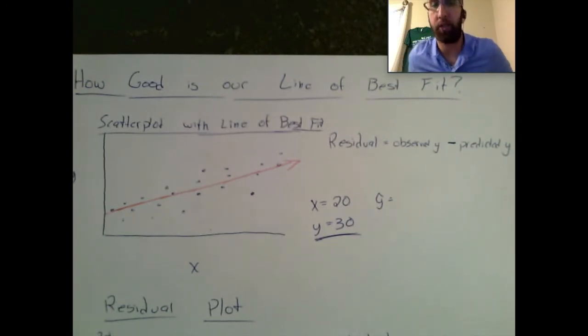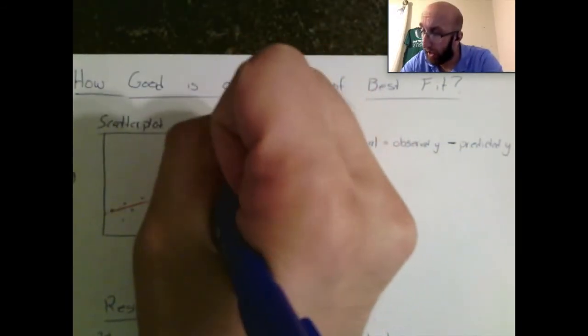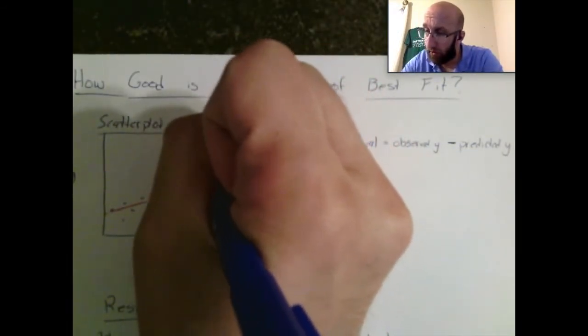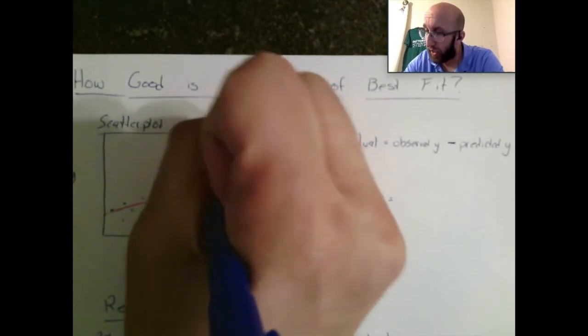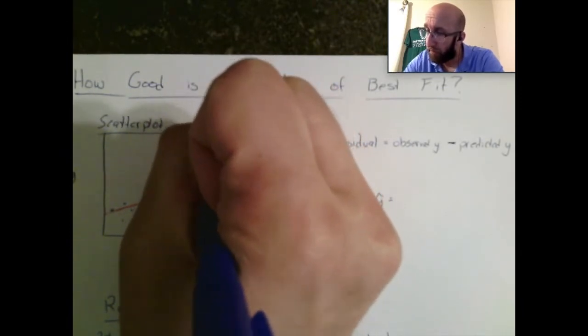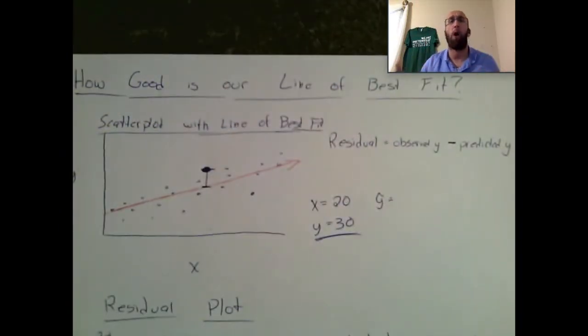So here's what a residual is. It's really looking at the vertical distance from a scatter plot point to our line. So if I had this line right here, this point, it's measuring this distance from this point to this line and saying, how off were we? So how off was our observed value from our predicted value?